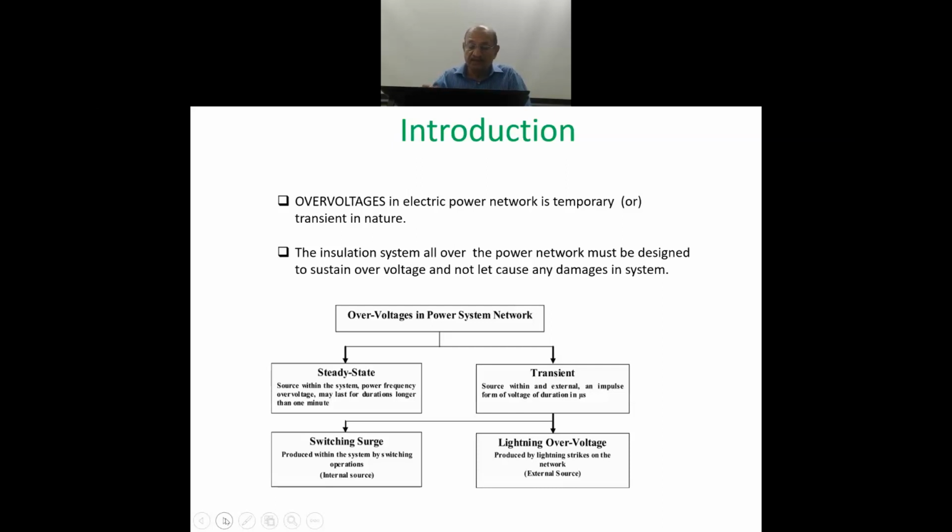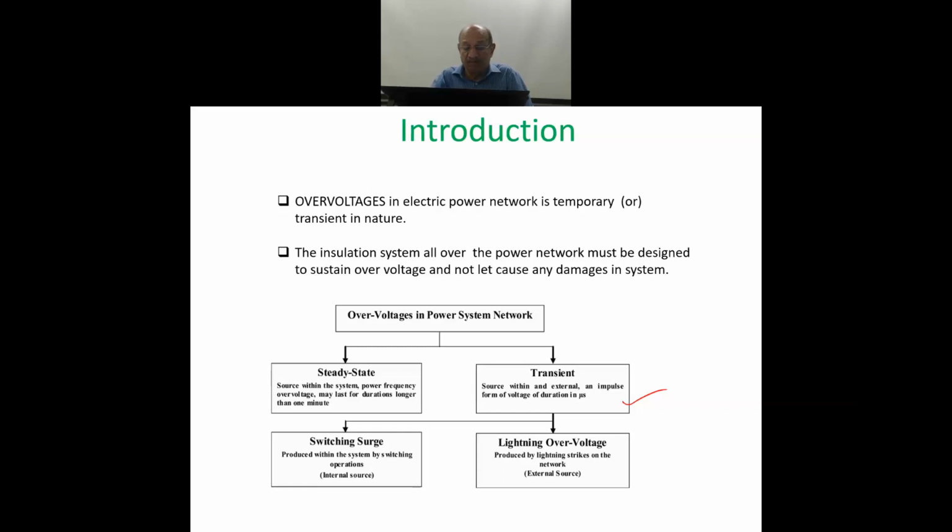The second one is the transient overvoltage. As I mentioned, transient overvoltages are the ones which come and go, which do not last for a long time. Basically, the transient overvoltages may have a duration in microseconds or maximum in milliseconds. And these are impulse voltages.